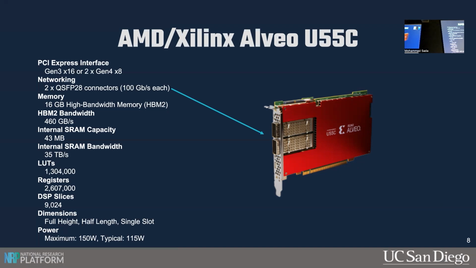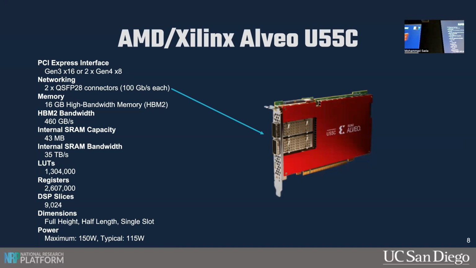The other thing is they have Gen 3 PCIe that offers bandwidth for how you communicate with the cards. The cards are installed on the host server, and the host interacts with the cards through the PCIe and through the Ethernet. In Nautilus, the U55C FPGAs are connected to a Tofino switch.